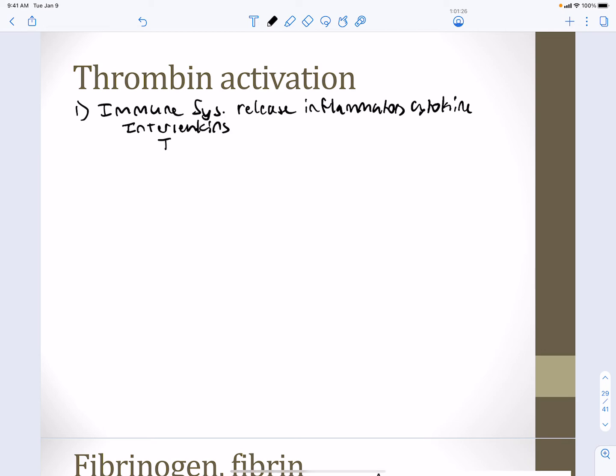So you get IL-1 and you get IL-6. They're both going to be pro-inflammatory. IL-6 can be both pro and anti. The second thing you get is you're going to get adhesion molecules activated.